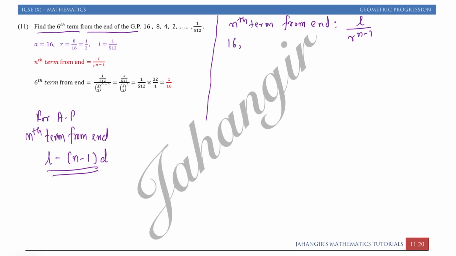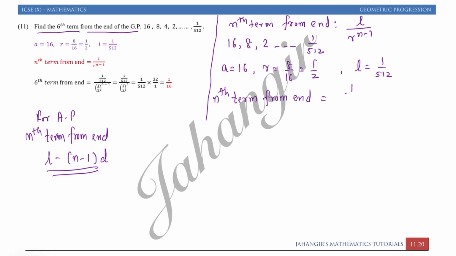So here my sequence is 16, 8, 2, dot dot dot, 1 upon 512. So here my first term is 16. Common ratio is 8 upon 16, that is 1 by 2, and my last term is 1 upon 512. So therefore the nth term from the end is L, that is 1 upon 512, whole upon R raised to n minus 1.